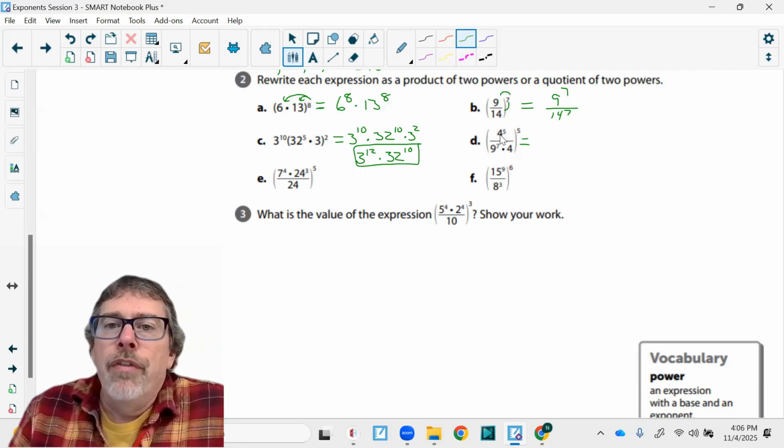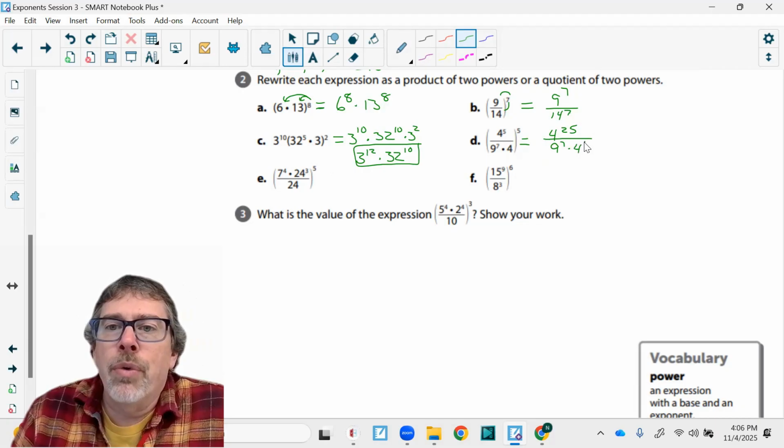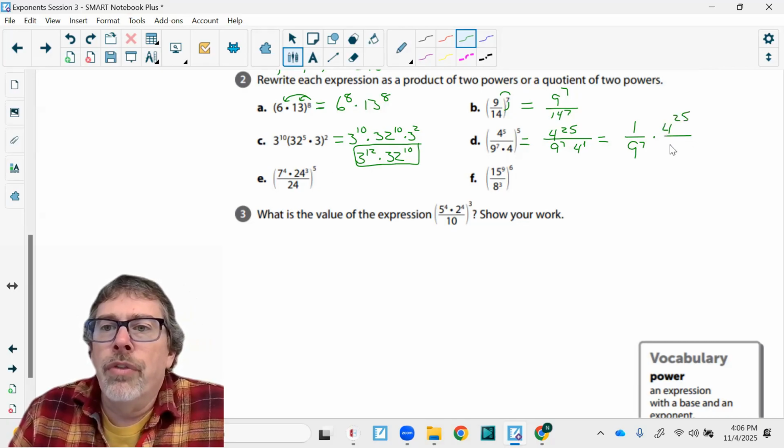D, 4 to the 5th times 5 is 4 to the 25 over 9 to the 7 times 4, and think of that as 4 to the 1. So 4 to the 25 divided by 4 to the 1, let's separate this. This will now become 1 over 9 to the 7th power times 4 to the 25 over 4 to the 1, right?